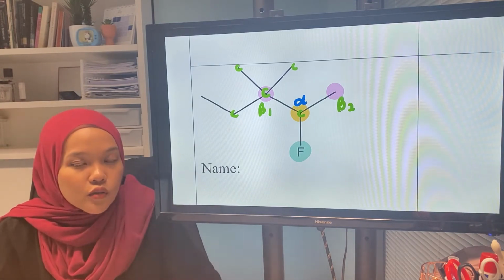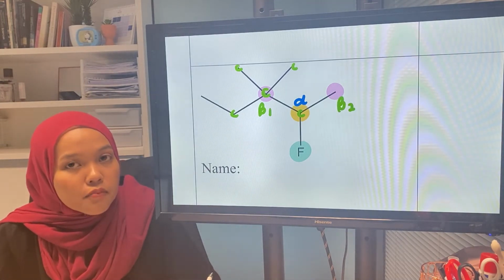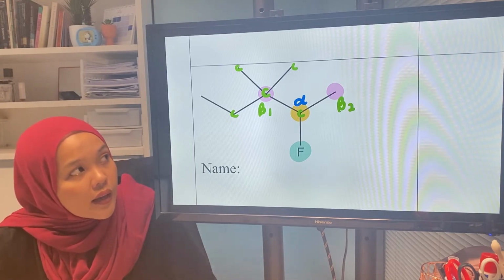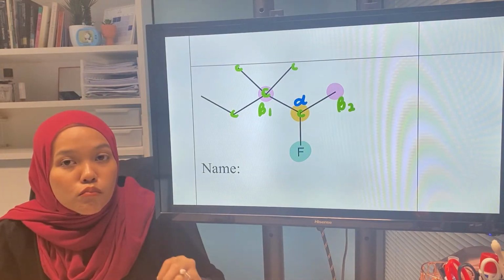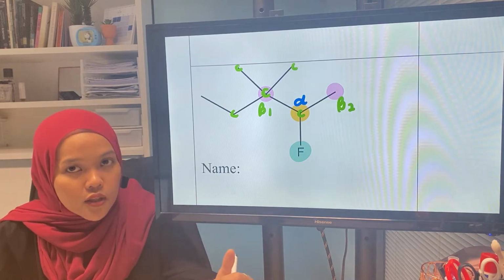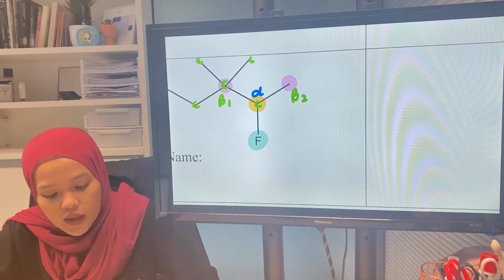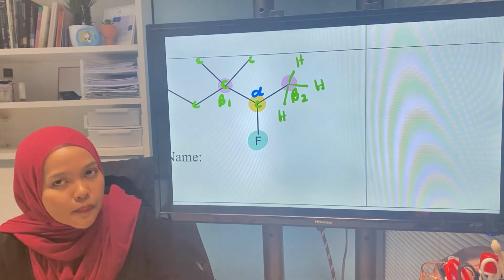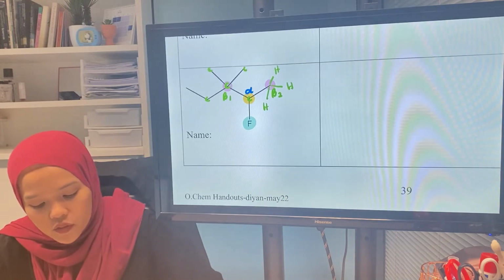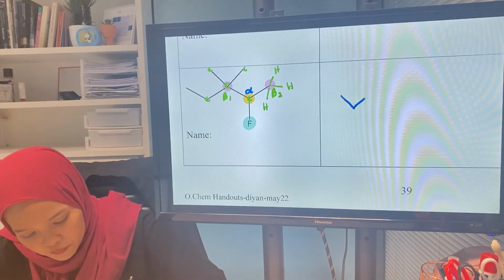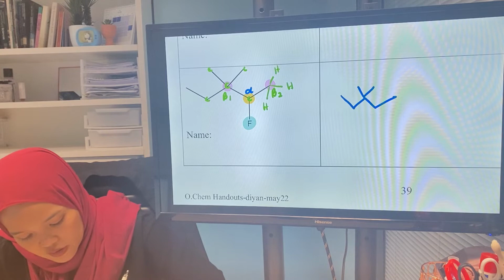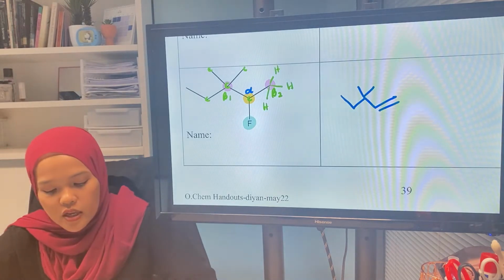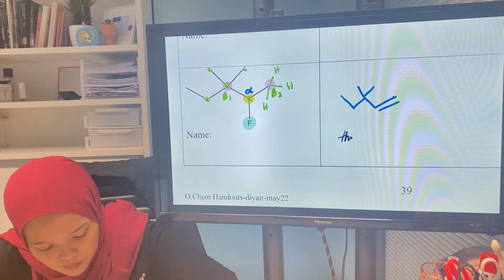Remember, if you want to form a bond, you need to form a bond between the alpha and beta, and that beta must remove the beta hydrogen. But at this beta 2 you have hydrogen, hydrogen, and hydrogen. So it is possible. So this one you only have one type of product, which is this one. This is going to be the only product.